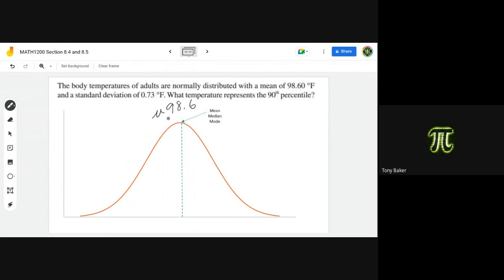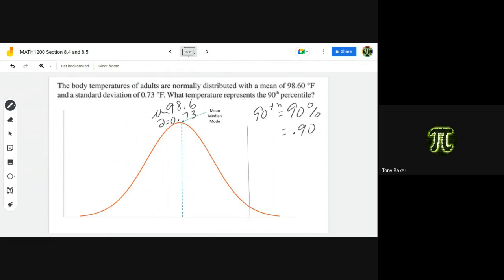That's just the mean. They want to know what temperature represents the 90th percentile. 90th percentile is 90% or 0.90. Those are all the same things.